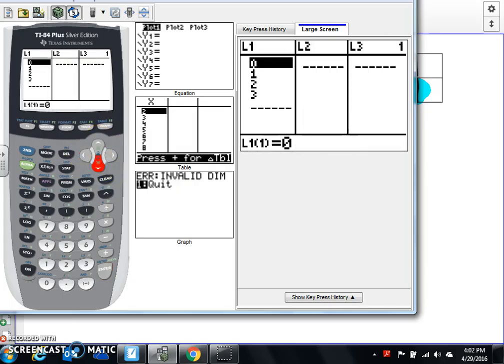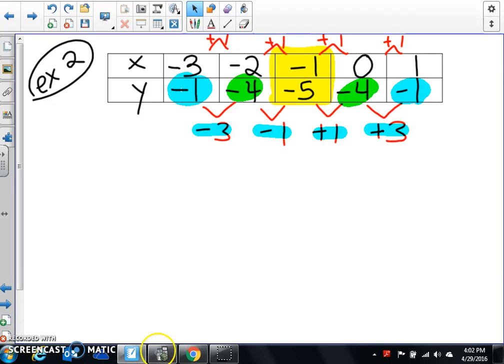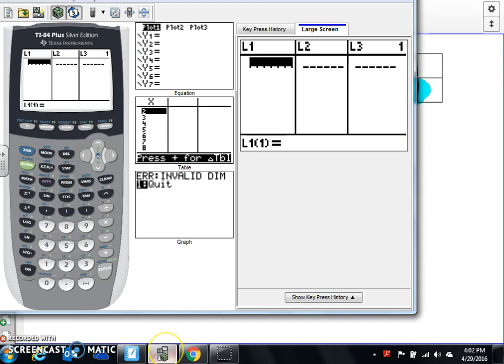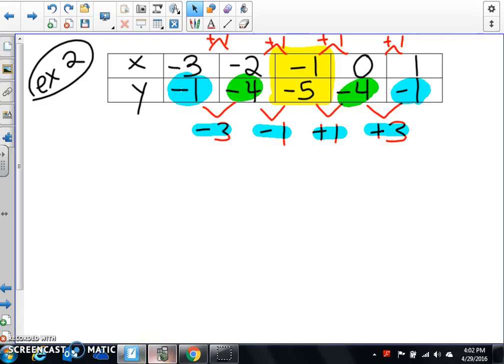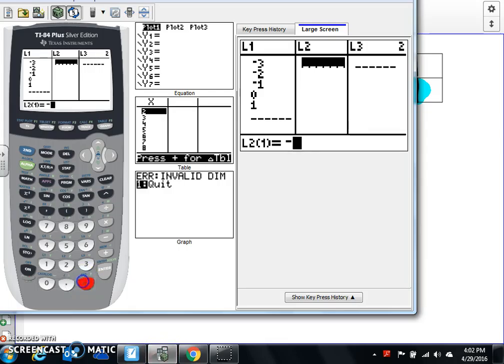Our x values are -3 to 1, so -3, enter. -2, enter. -1, enter. 0, enter. 1, enter. Okay. Our y values are -1, -4, -5, -4, -1.